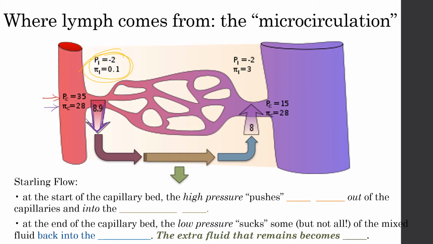But we have about 9 millimeters of pressure pushing blood out into the fluid. That's not a lot, but it's enough to drive a small amount of something called Starling flow. This is named after a physician named Starling, who could, I guess, be given credit as the first biomedical engineer. He did a lot of experiments on blood flow and trying to quantify and measure that.